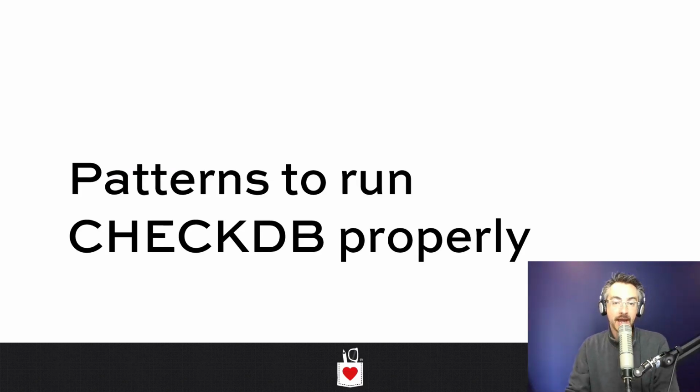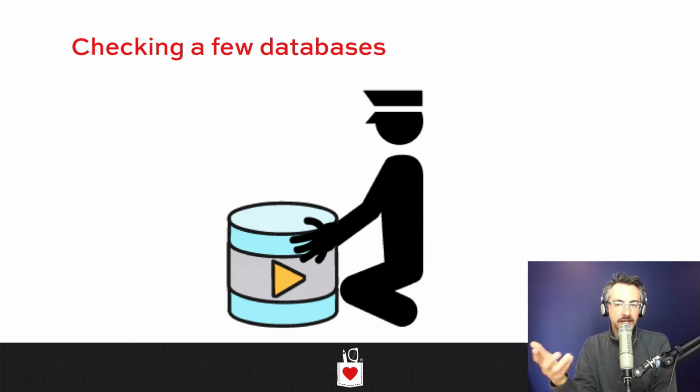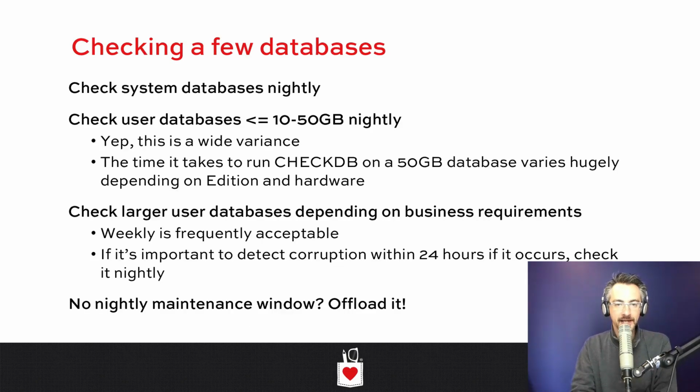So stepping back and looking at the big picture, with everything we've talked about with CHECKDB, there are three common use cases that I see for how often you should run it and where you should run it. Starting out with if you only have a few databases, say a dozen or less.